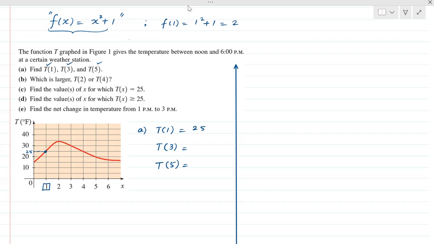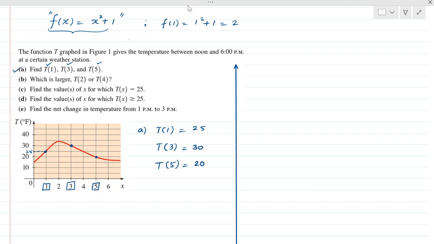It is 25. Now, T of 3. When x equals 3, what is the function value? It is 30. Next, T of 5. When x equals 5, the value is 20. So the first part is done.